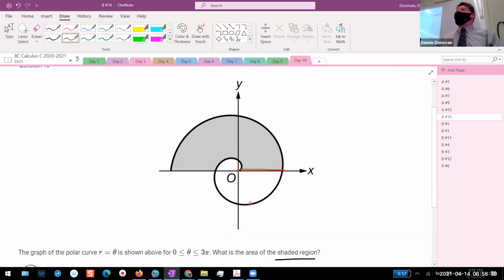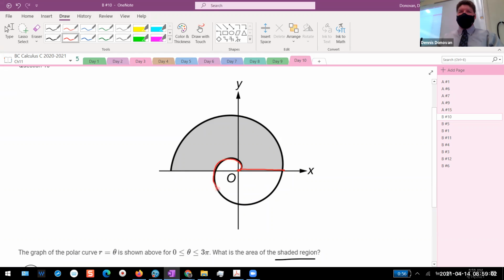Well, that is a boundary of that region, isn't it? So theta equals 0 is a boundary. And then as theta goes up, it's only going here though, isn't it? Right? So as theta goes up, the graph is doing this.